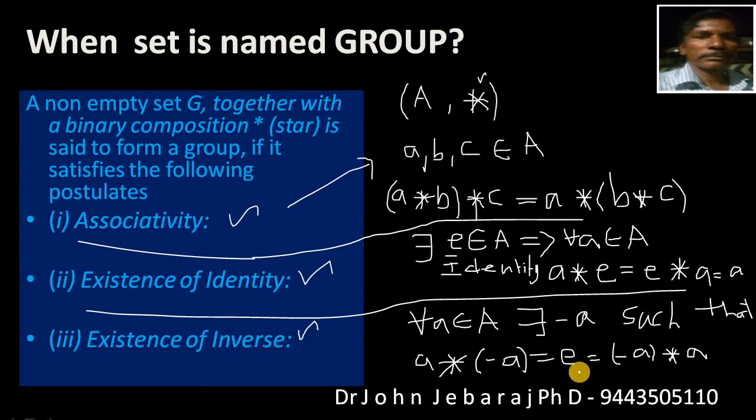Otherwise, for every minus A, we have an A belonging to A, such that minus A operated on A by this binary operation gives the identity element.